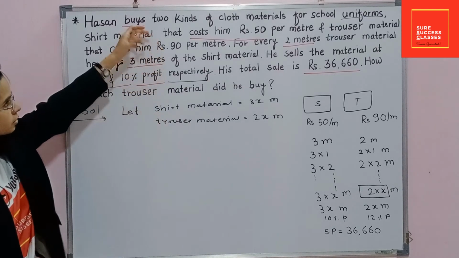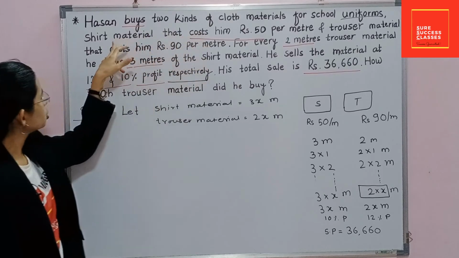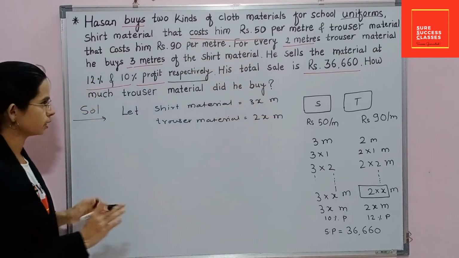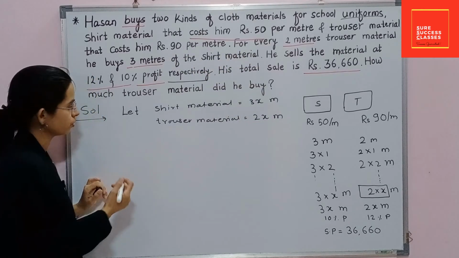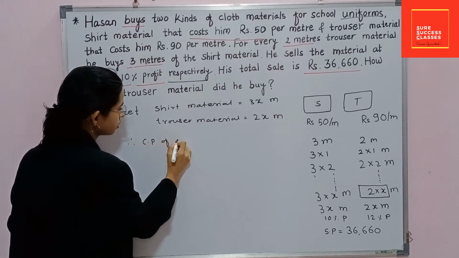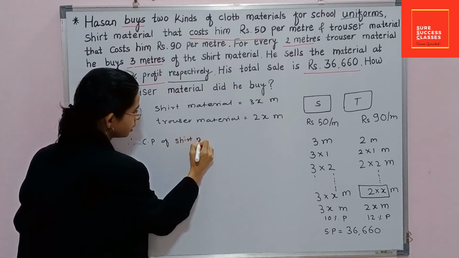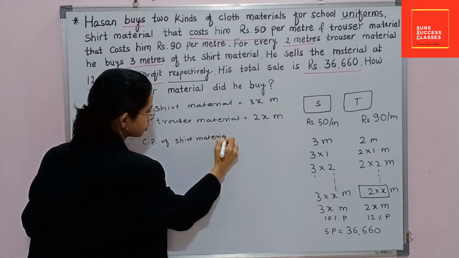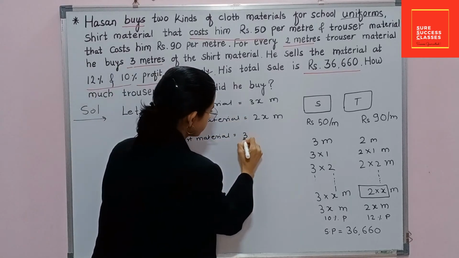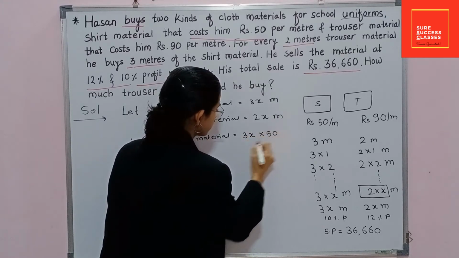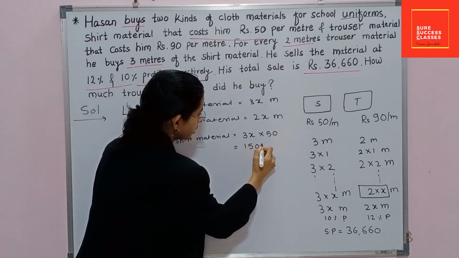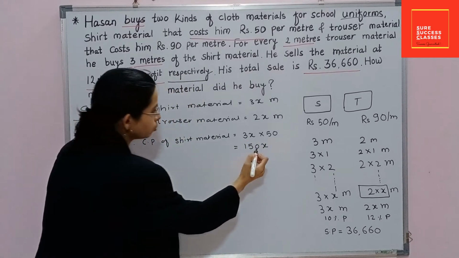And here they mention that shirt material costs him 50 rupees per meter. So with the help of this sentence we can calculate the cost price of shirt material. It is equal to 3x into 50, that is equal to 150x in rupees.